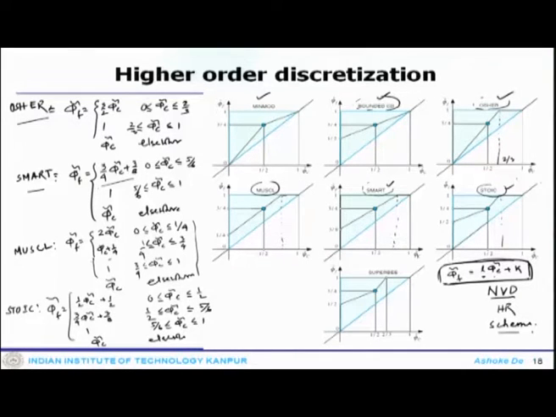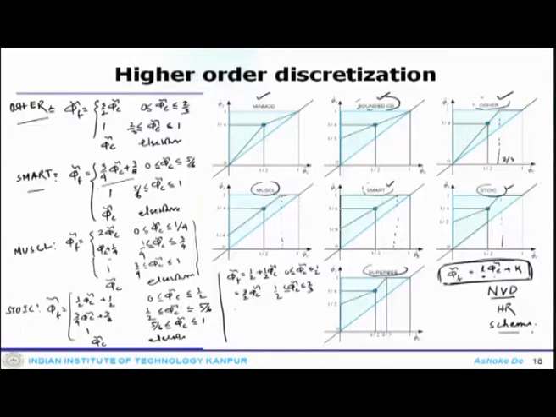And the Super B profile, which is this one, has phi f equals half plus half phi c tilde if phi c tilde lies between 0 and half. That means 0 to half, it follows this profile. Then it follows 3/2 phi c tilde when phi c tilde is between half and 2/3, 2/3 is this point.